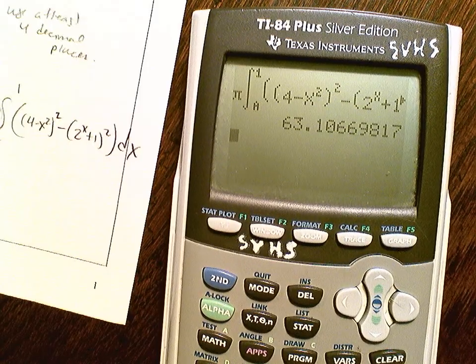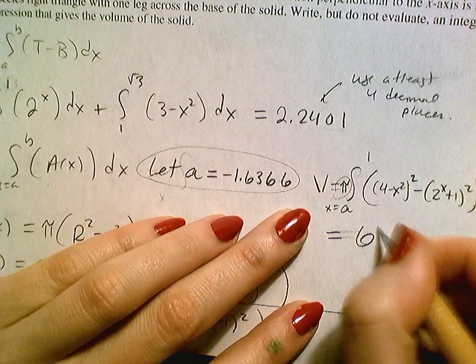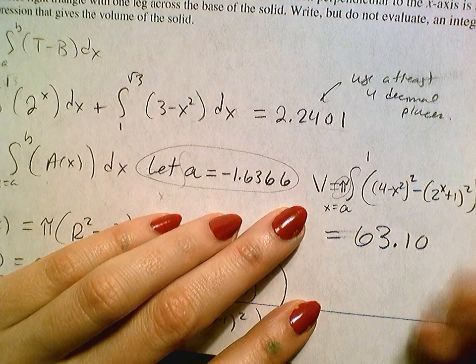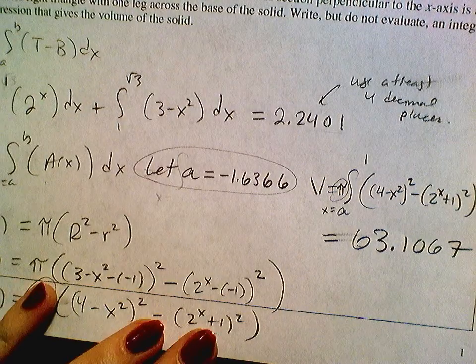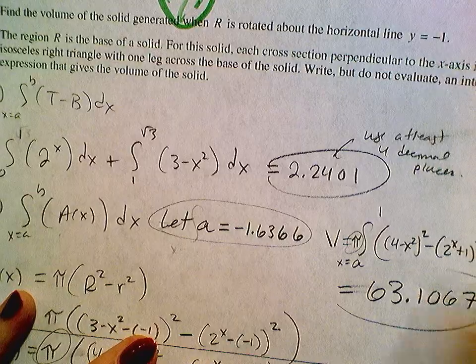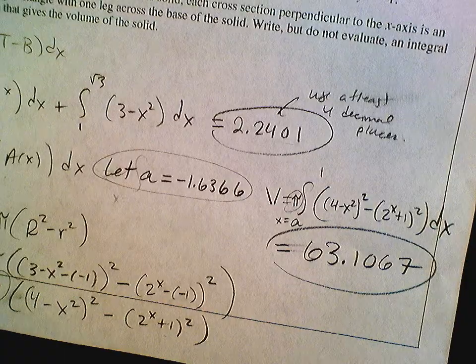Yay! Okay, so 63.1067. Okay, so we've got that, and now one more.